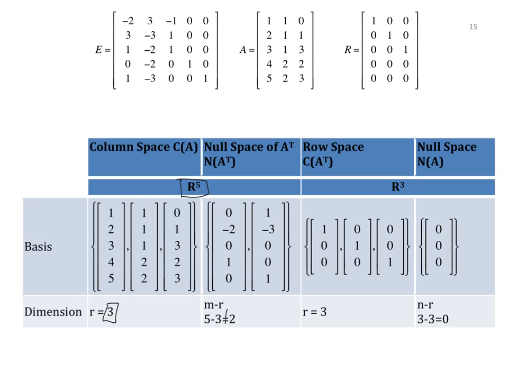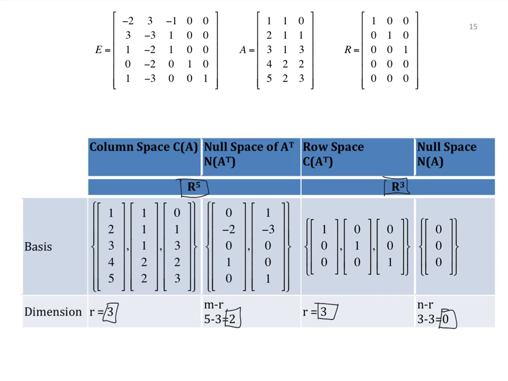It was a 5 by 3, so the row space and the null space are sharing R^3. Our rank was 3, and so the row space is 3-dimensional, and our null space must then be 0-dimensional. So even without calculating anything, we know that it's just the 0 vector.